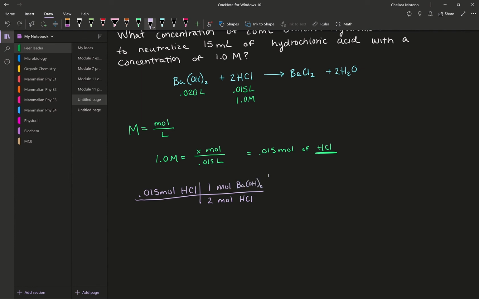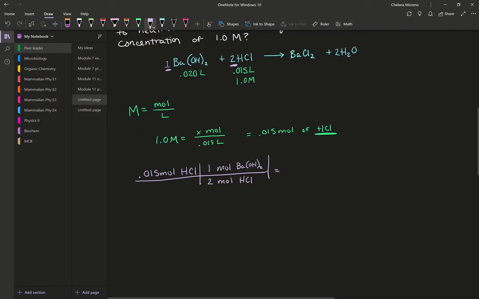And I got those numbers from the coefficients. So I got 2 moles of HCl and 1 mole of barium hydroxide. So if you were to divide this together, you would find that this is 0.0075 moles of barium hydroxide.